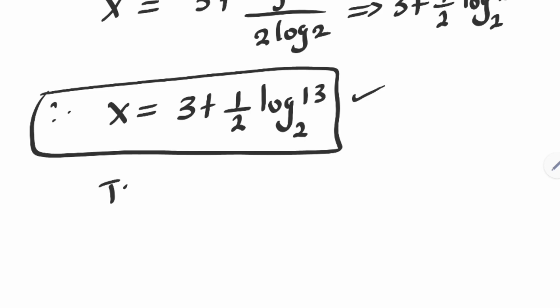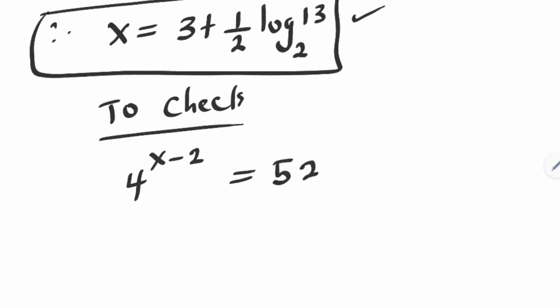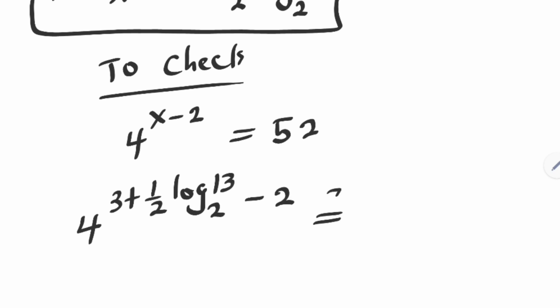Let's check. To check, we have the given equation 4 raised to power x minus 2 is equal to 52. Here we have 4 raised to power 3 plus 1 over 2 log 13 base 2 minus 2 must be equal to 52.